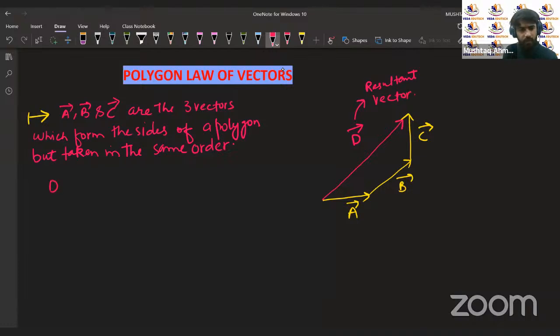So we can write that D vector is A vector plus B vector plus C vector. This is what we call the polygon law of vectors.